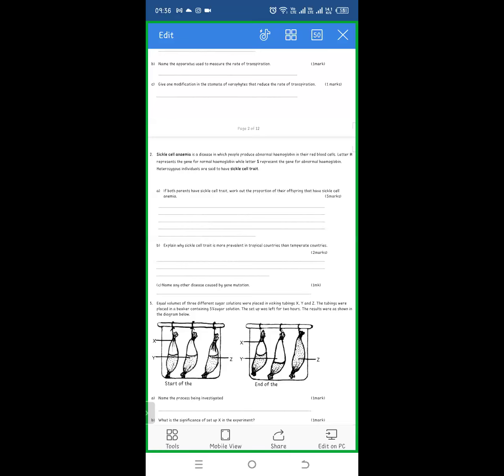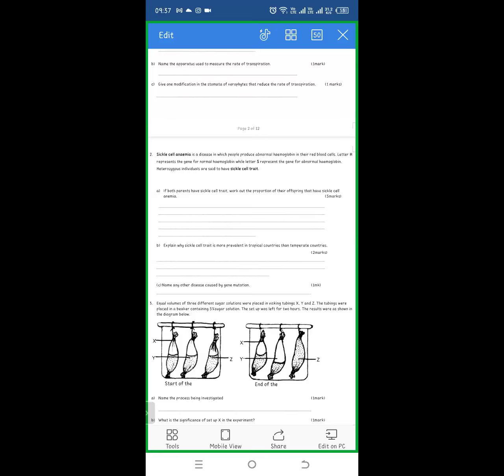The reason why we are saying it is capital, I'll explain that to you. These alleles show codominance, in that if someone is having heterozygous alleles, that is both H and S, then this person is going to have half of their red blood cells normal and half of them sickle cell trait, meaning both of the alleles will express themselves phenotypically, because we are going to have a sickle-shaped red blood cell and also a biconcave red blood cell.